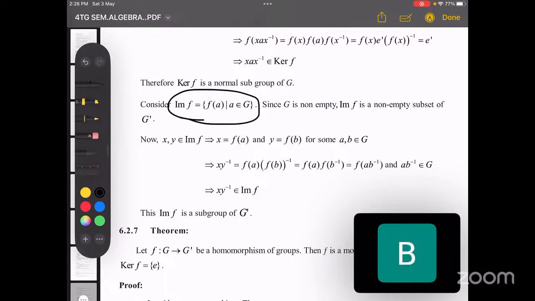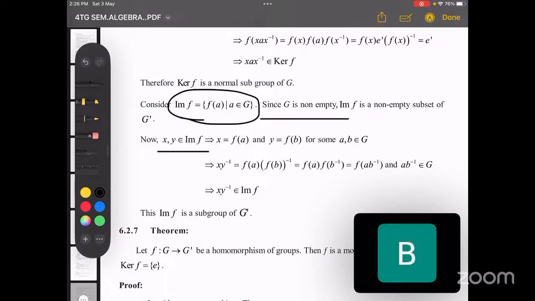Through this definition, since G is non-empty, image of f is a non-empty subset of G dash. Now you are taking two elements, x, y belongs to image of f. You are defining x equals f of a and y equals f of b, for some a, b belongs to G.